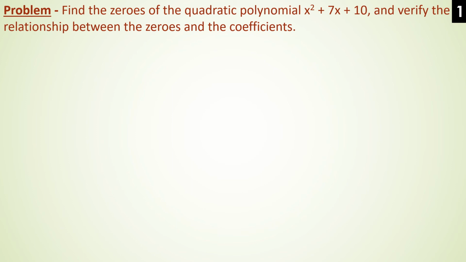Find the zeros of the quadratic polynomial x square plus 7x plus 10, and here we have to verify the relationship between the zeros and the coefficients. So the given polynomial is x square plus 7x plus 10, here the coefficient of x square is not written, so it is 1.